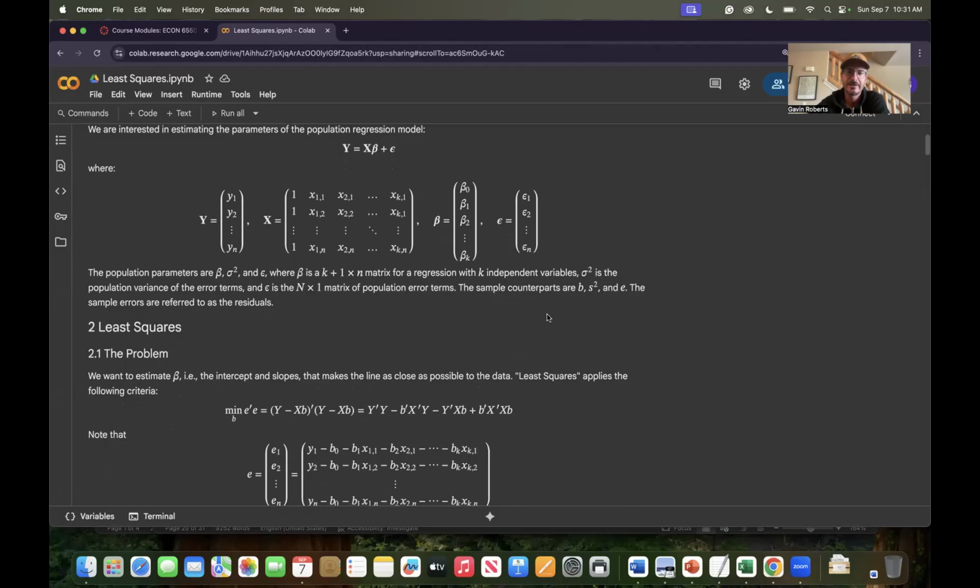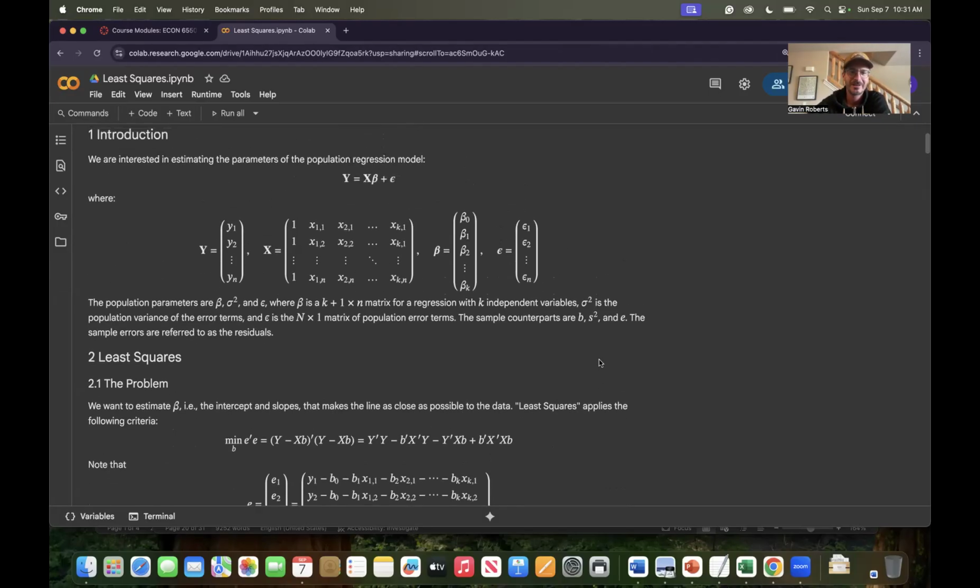Kind of just get some of that matrix algebra blood flowing, because probably that's one of the things that's more likely to be new to a lot of you, but it's very useful to get used to thinking about those things in that way. We're going to get a little bit more heavy on that today. If that's giving you any trouble, just don't hesitate to reach out to me.